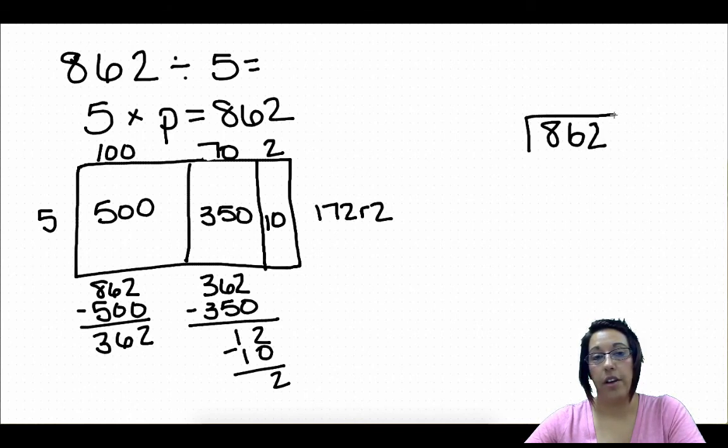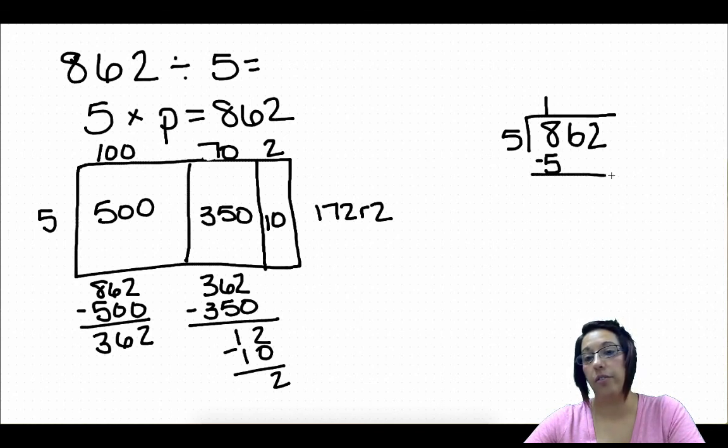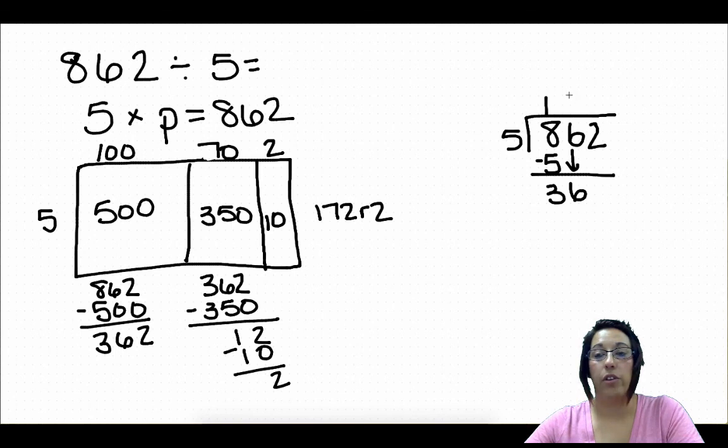862 divided by 5. 5 will go into 8 one time. 1 times 5 is 5. 8 subtract 5 is 3. Bring down the 6. 5 will go into 36 7 times. 7 times 5 is 35.